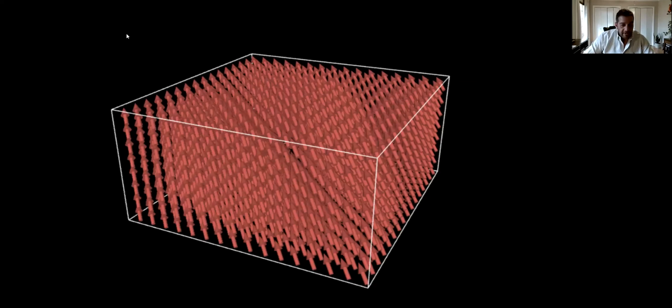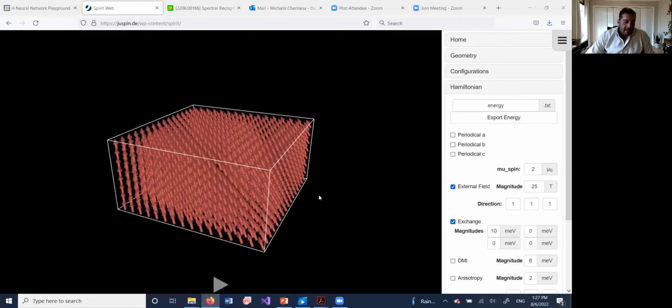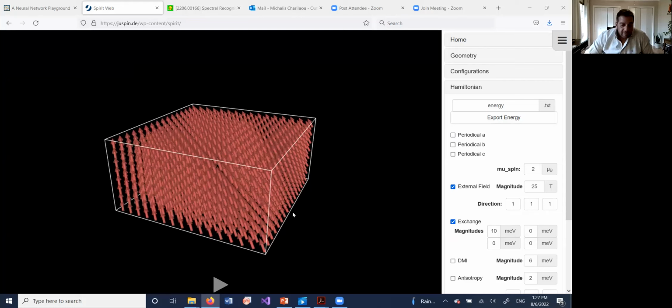And now let's run a simulation. Okay. Can you see the new screen? Yeah. All right. So this is a simulation of a small magnet. The arrows point in the direction of the magnetic field inside the material.